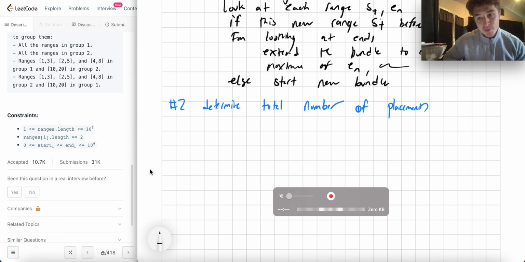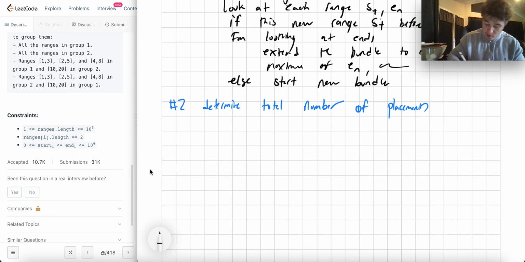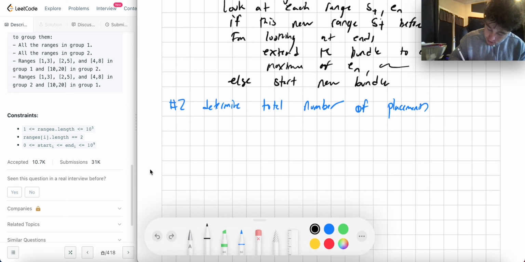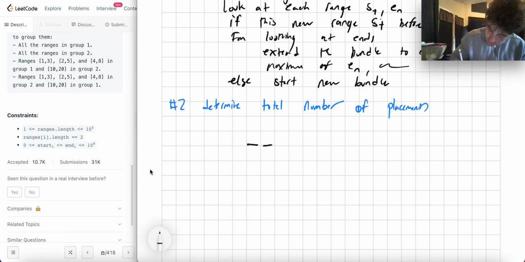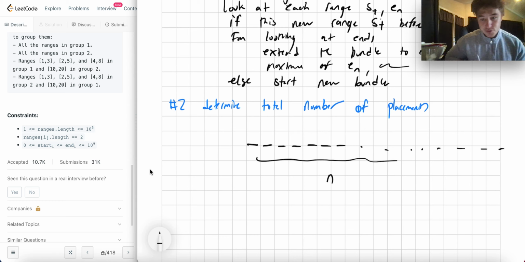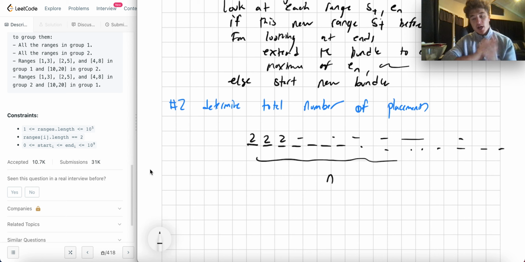So then how do we determine the total number of placements? Well, let's assume we found all the bundles, so there were n bundles. So this is just a statistics problem, right? There's n bundles, and each bundle can independently decide if it wants to be in group A or group B. So each one can be in 2 places.